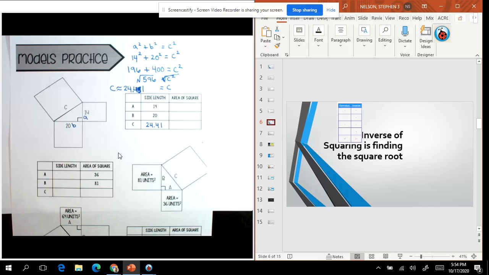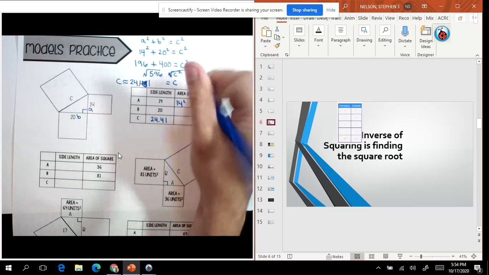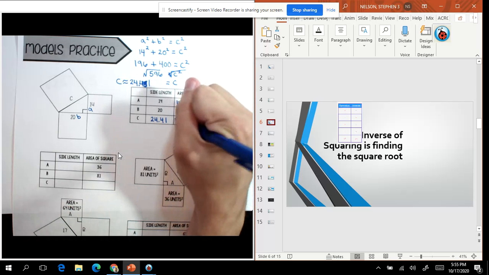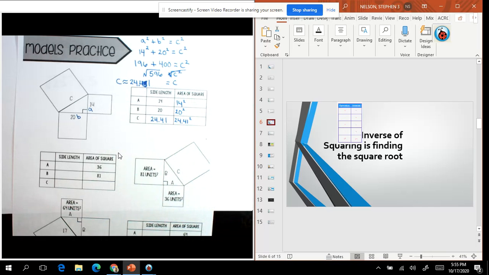So what we're going to do is, all right, this is going to be 14 squared. This is going to be 20 squared. And this is going to be 24.41 squared. All right, so what we want to do now is type these into the calculator.